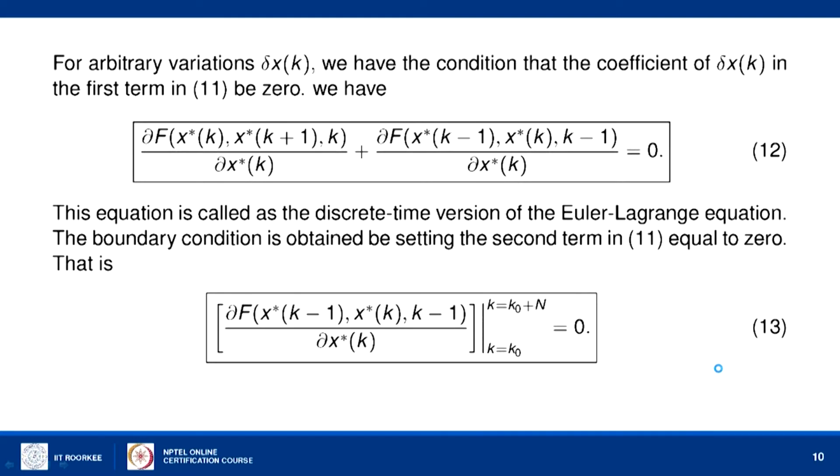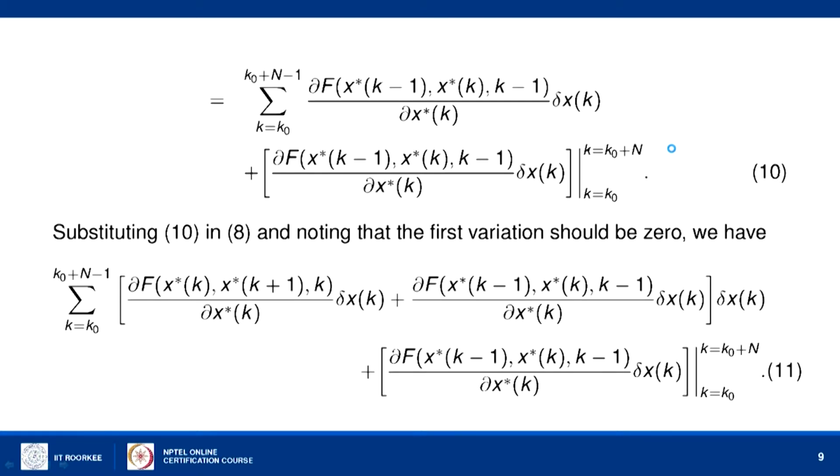So we get the necessary condition to be like this: del f of x k plus 1, k by del x star of k plus del f x k minus 1, x k and k minus 1 by del x k again equal to 0 is the necessary condition, and the boundary condition is given by this expression, this bracket.